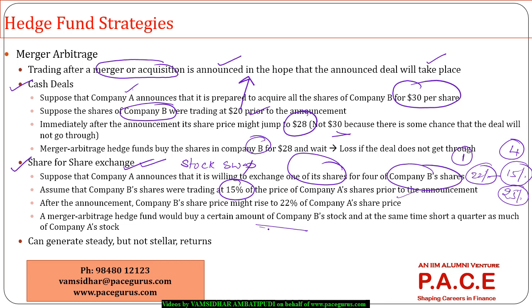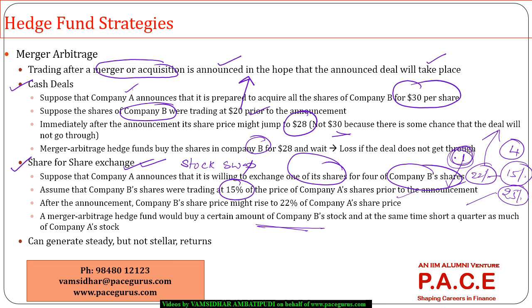They will buy a certain amount of company B's shares, and if required they can also short some shares of company A. One is expected to go up in price, the other is expected to go down in price. In both cases, profitability is made, and that is why we call it arbitrage.